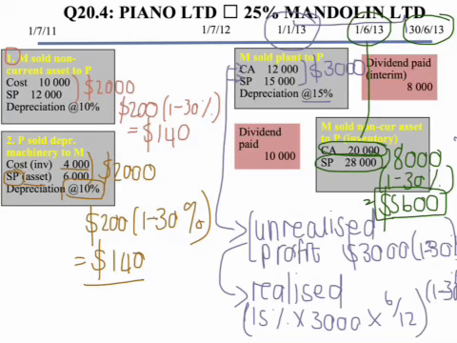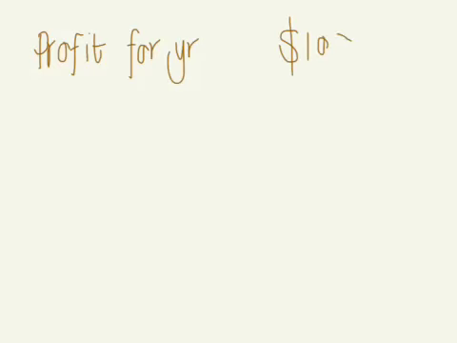Okay, so let's transfer these calculations now onto the calculation to determine our share of the associate's profit and loss. So what do we know? We know that the profit for the year was an amount of $100,000.